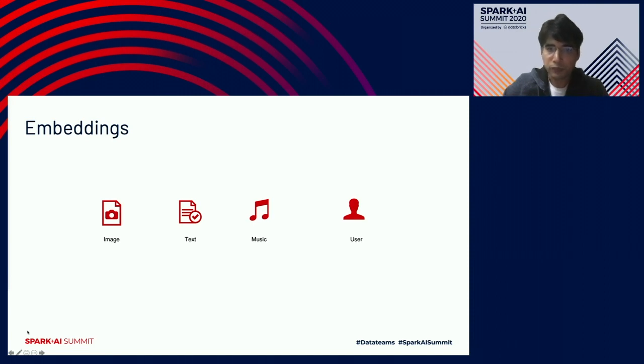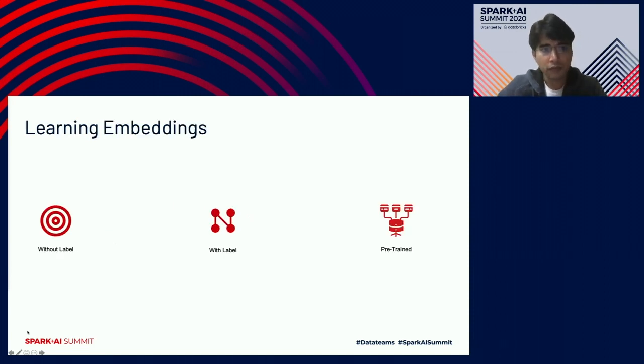So now we are going to jump into how we can learn these embeddings, right? We know it's a set of continuous numbers and they represent something meaningful pertaining to that particular category. But there are three ways in which you can get these embeddings.